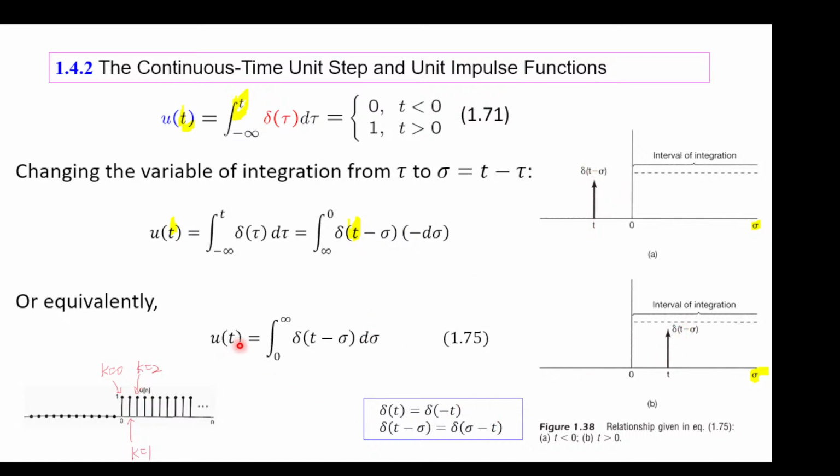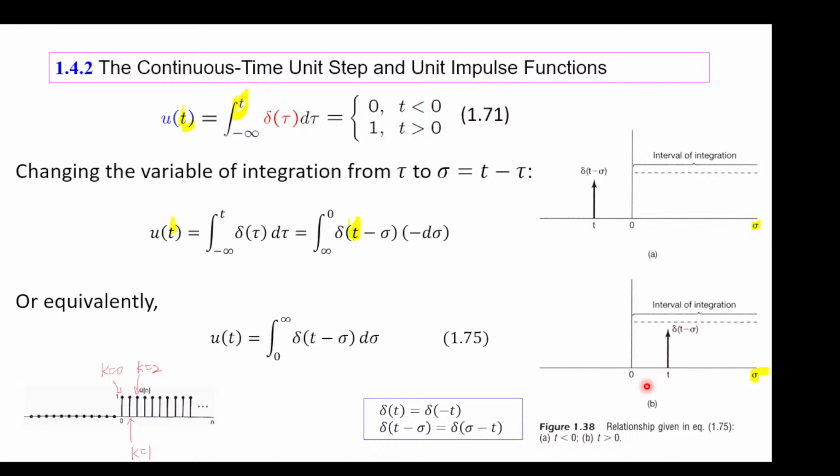Then you can think about this integration of sigma from 0 to infinity. When t is less than 0, the impulse is not inside this integration area, and when t is bigger than 0, it's inside the integration area. And so for t greater than 0, this is 1. Okay? Question?